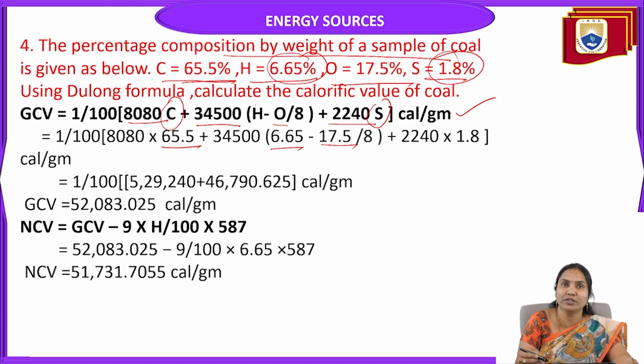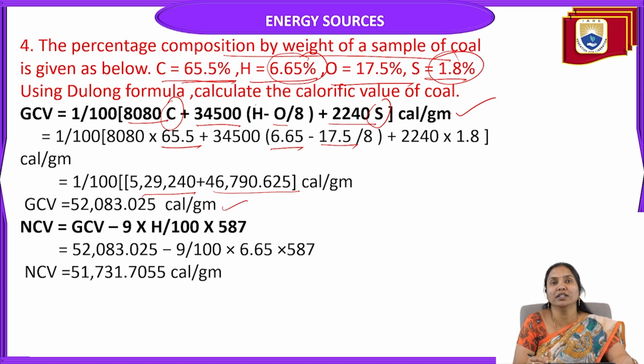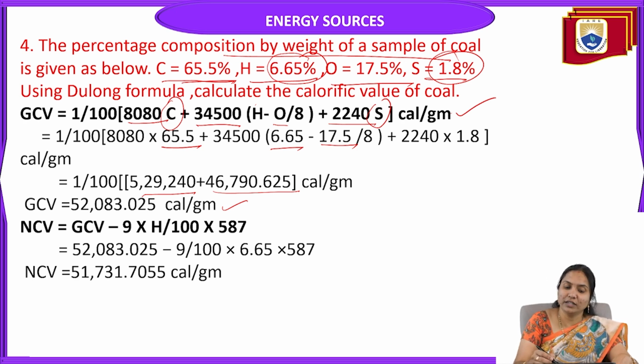After substitution, I'll get 1 by 100 into 5,29,240 plus 46,790.625 calorie per gram. So after calculation, finally you'll get the gross calorific value of the given fuel as 52,083.025 calorie per gram. And next you can calculate the net calorific value.